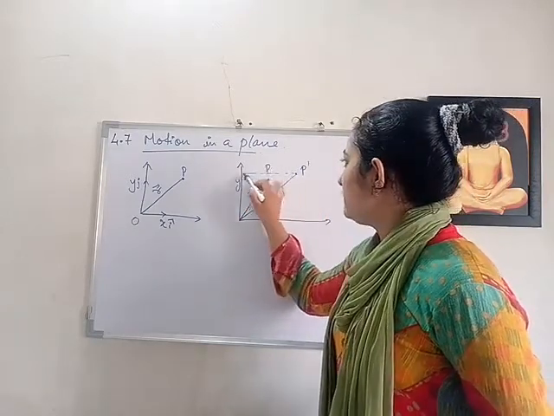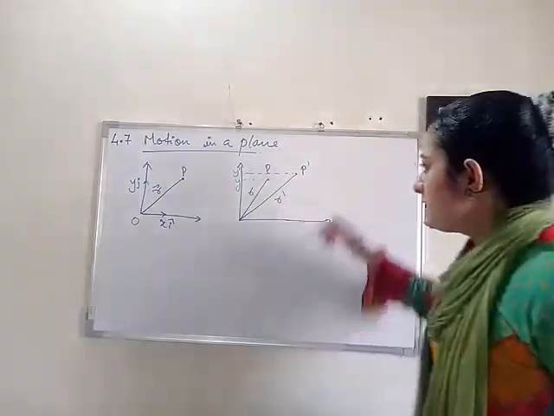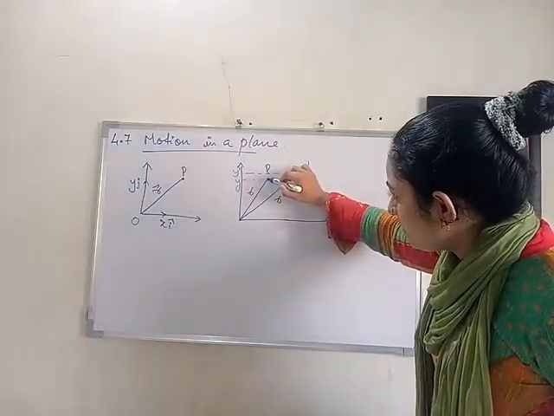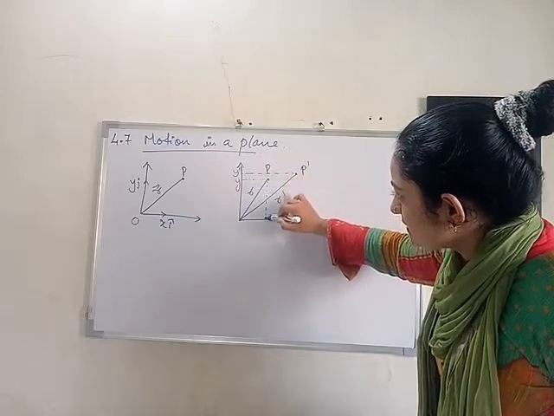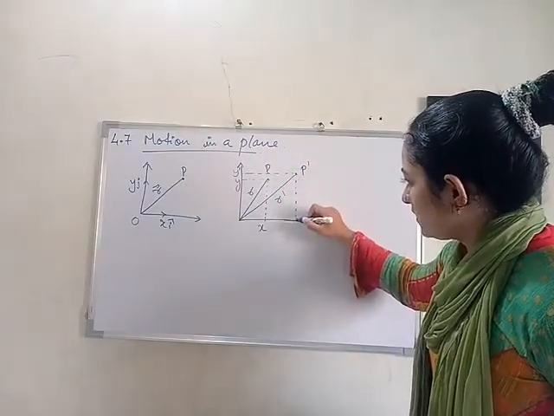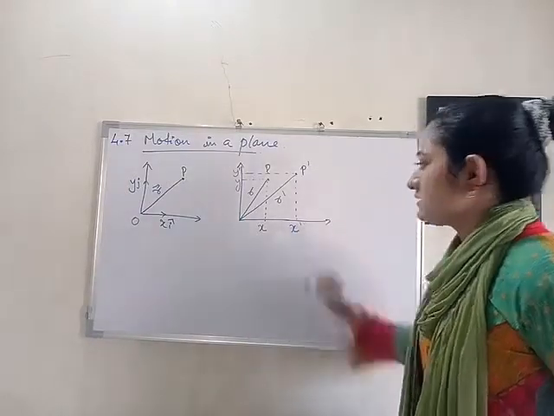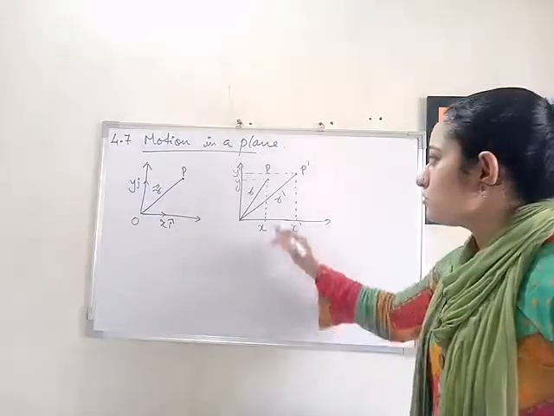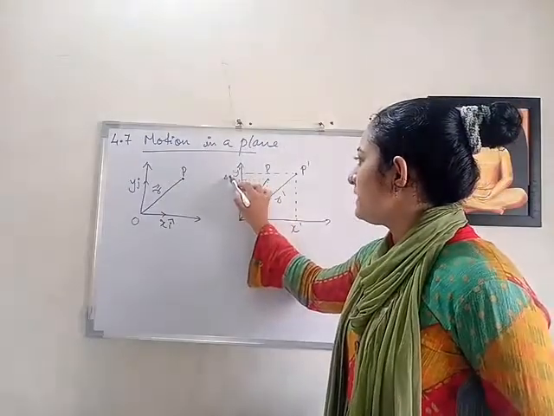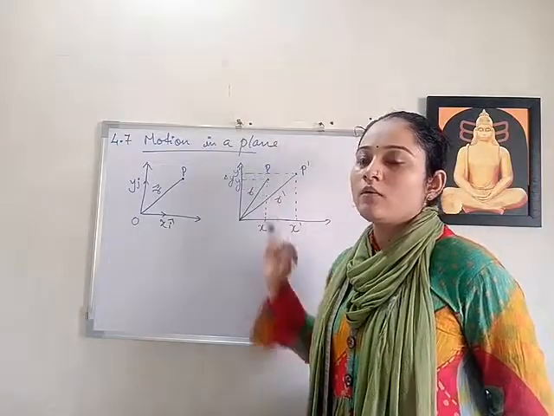Next the value was, say for example, y dash. Same way for P on the x-axis it was x, and at y-axis again for P dash on x-axis it is x dash. So this is your displacement delta y, change in the y-axis.